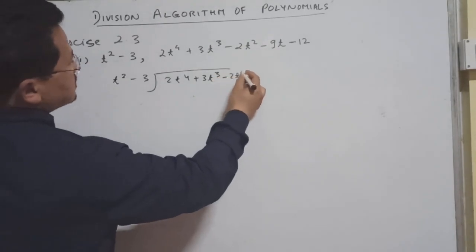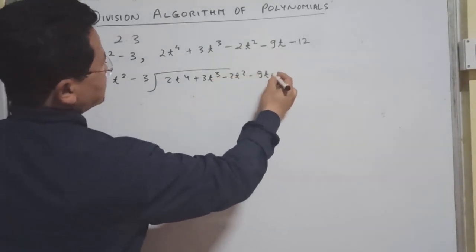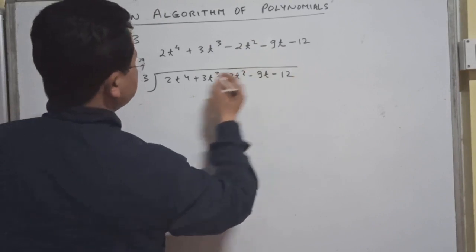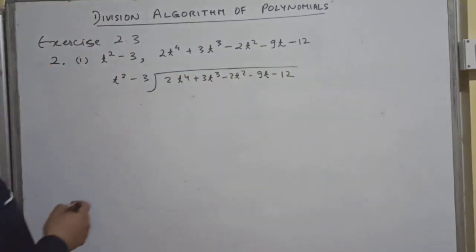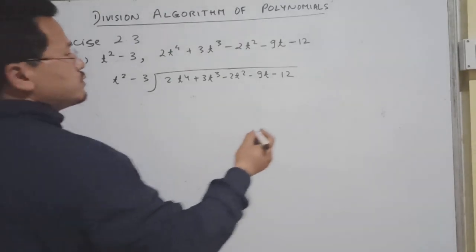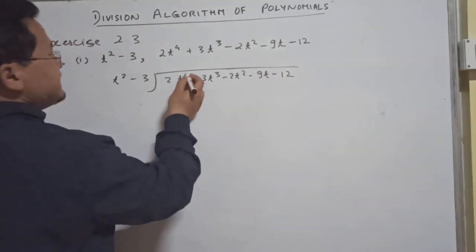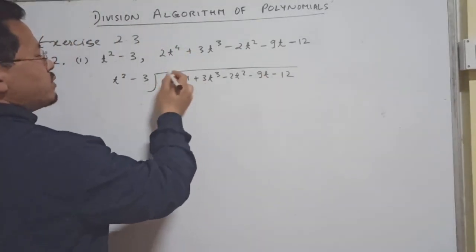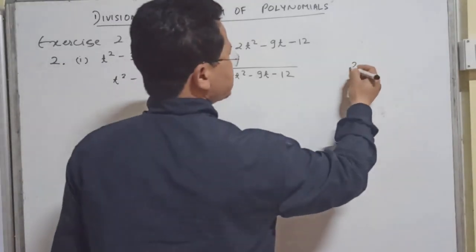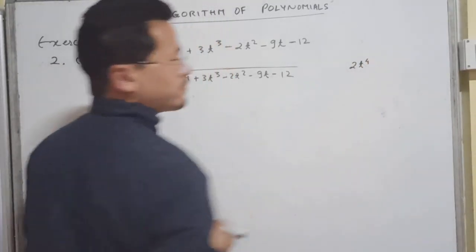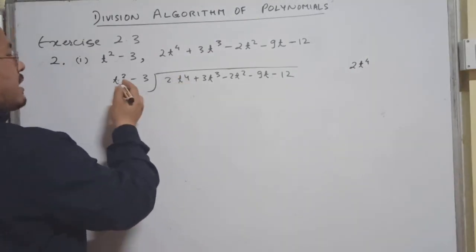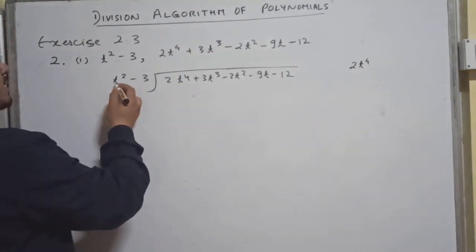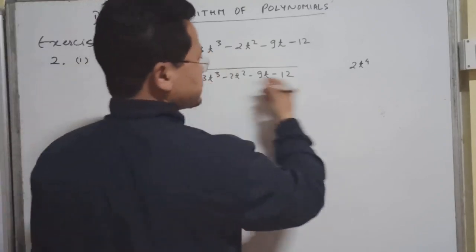In this, I'll be showing you another method of finding the quotient. What you need to do is take the highest power with its coefficient. So 2t power 4, that is the highest power and its coefficient. Now from the divisor, take the highest power with its coefficient.